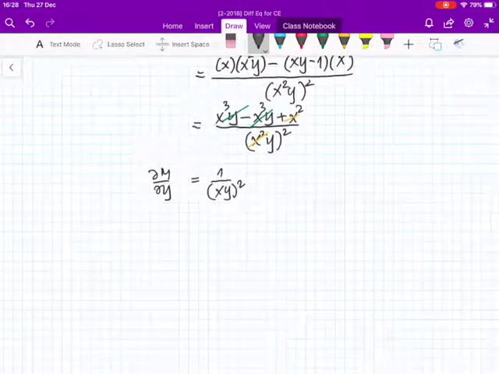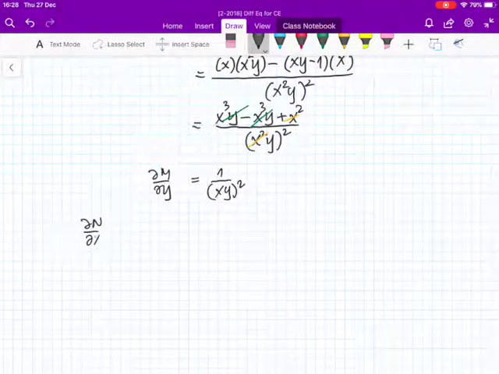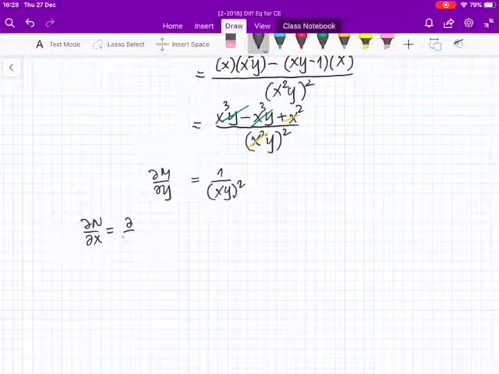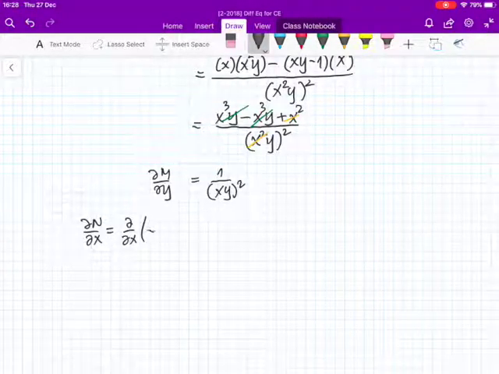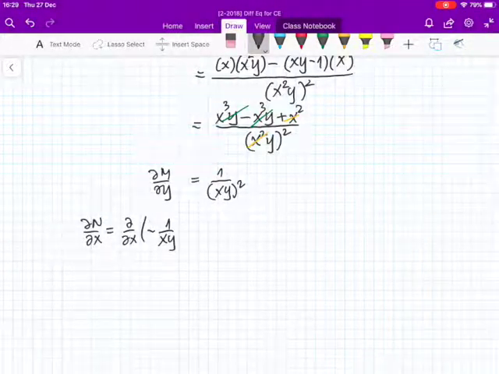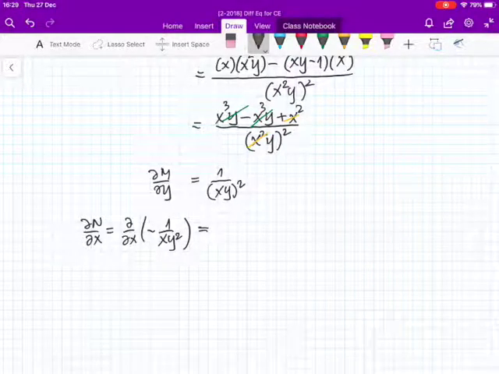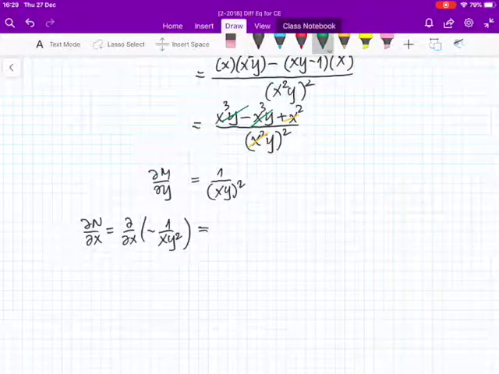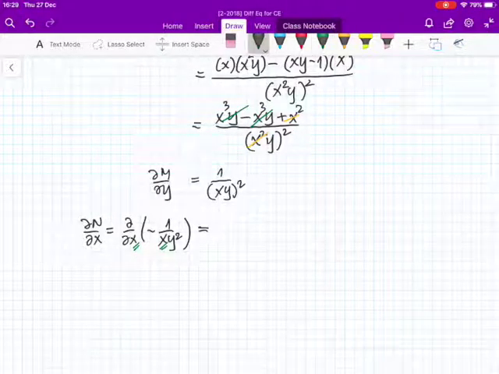And let's check again the partial derivative of N with respect to x, which is the function N equal to minus 1 over x squared, differentiated with respect to x only.